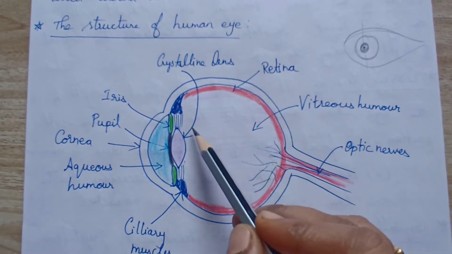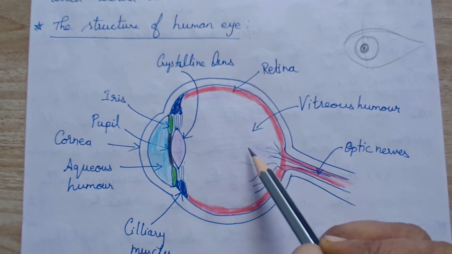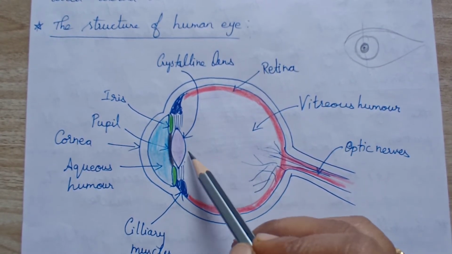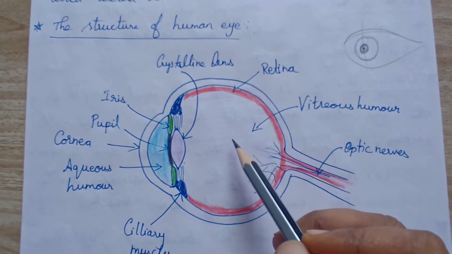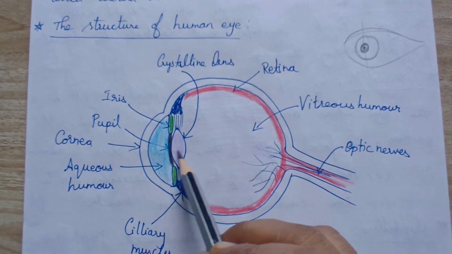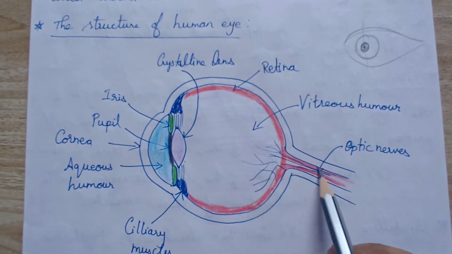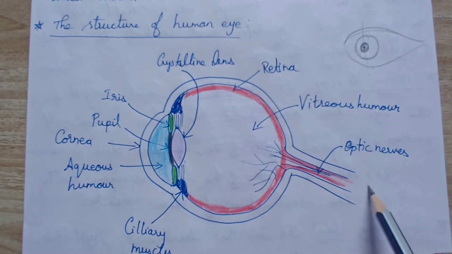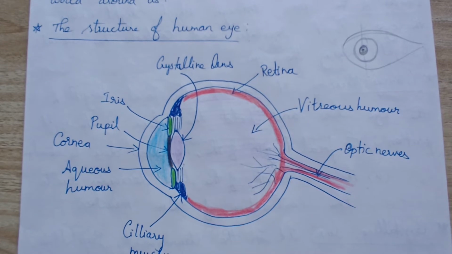To avoid the collapse of this spherical structure, the space is filled with vitreous humor, which is also transparent. Then only can you get the image here. The image will be formed here, and the optic nerve is connected to the brain. This is the structure of the human eye. We will see it in detail one by one.